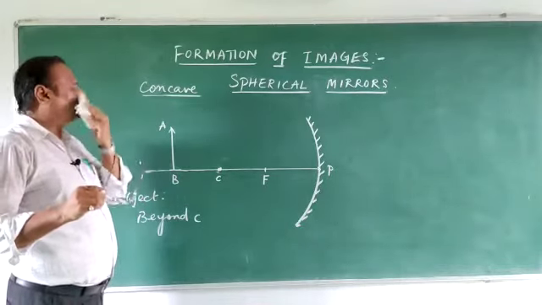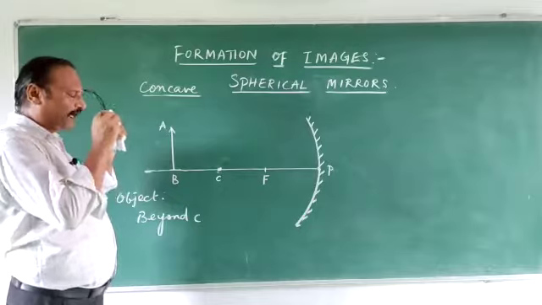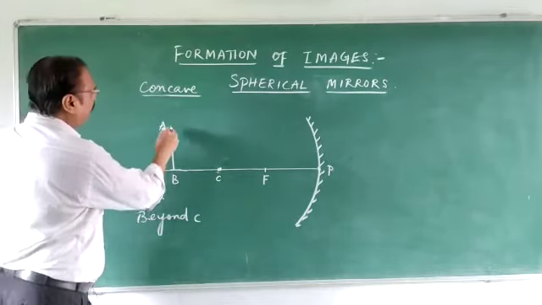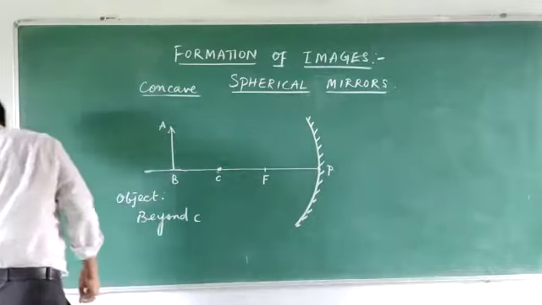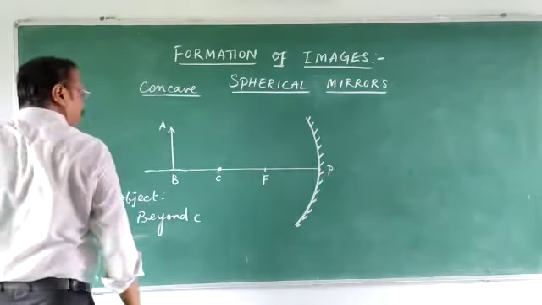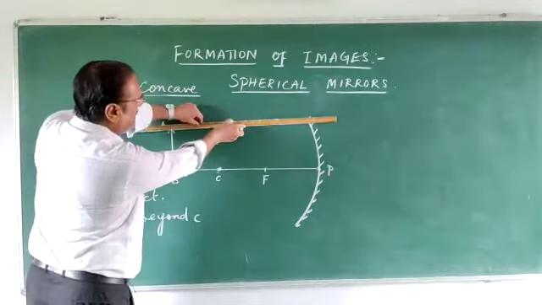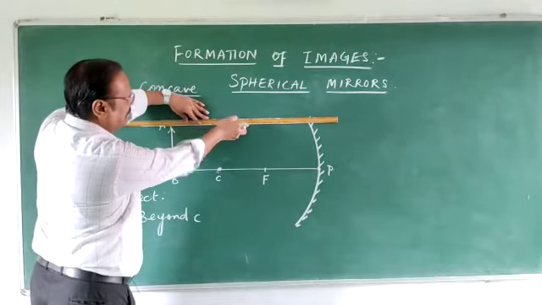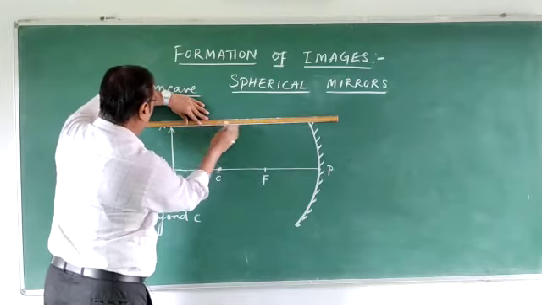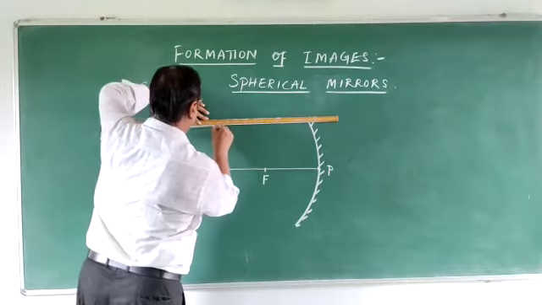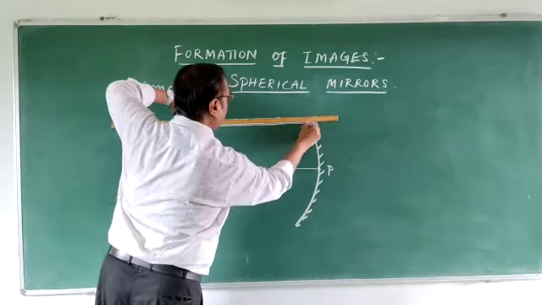Okay, now what are we going to do? We are going to take a ray from the tip of the object and let it be parallel to the principal axis, right? It is parallel to the principal axis. Let it go and strike the mirror, right?